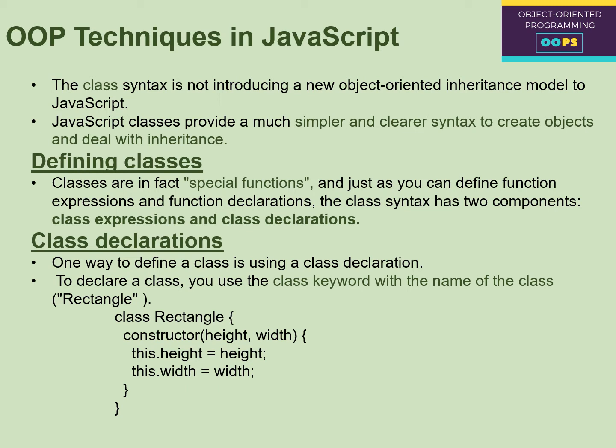So the class syntax does not have much influence on the inheritance property of JavaScript, but classes have a simple as well as clear syntax to create objects, and they can deal with the inheritance concept.